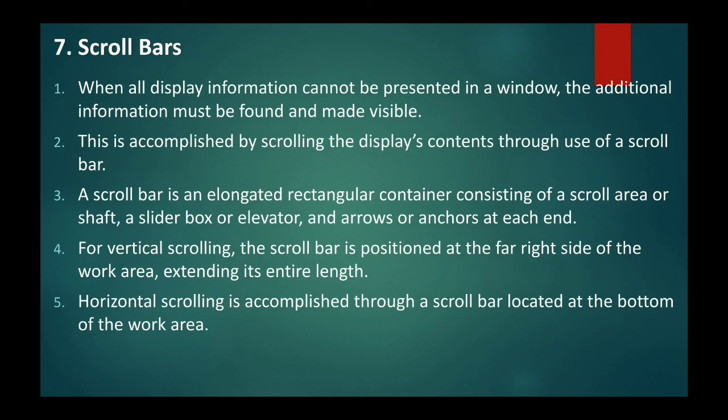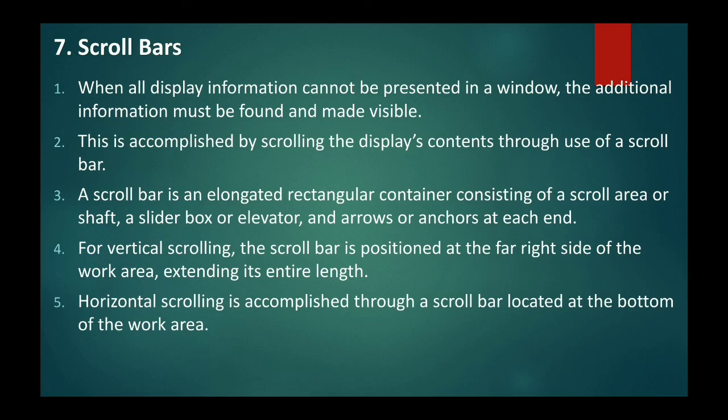We have two kinds of scroll bar. One is the horizontal, the second is the vertical. The horizontal scroll bar is at the bottom of the window, and the vertical scroll bar is on the right hand side of the window. Both are available in windows.